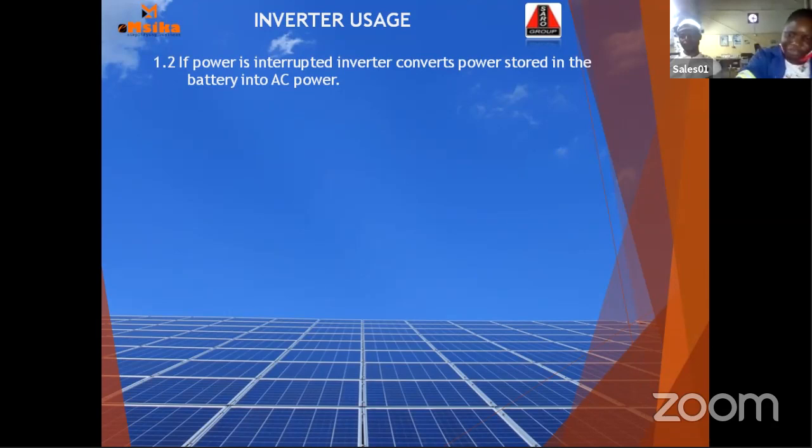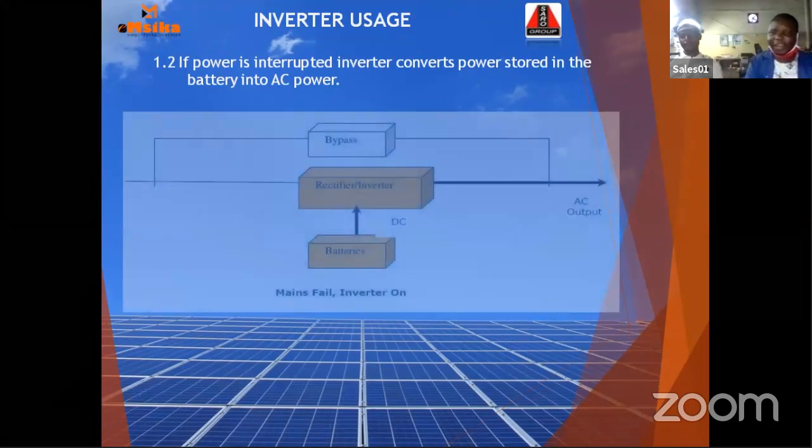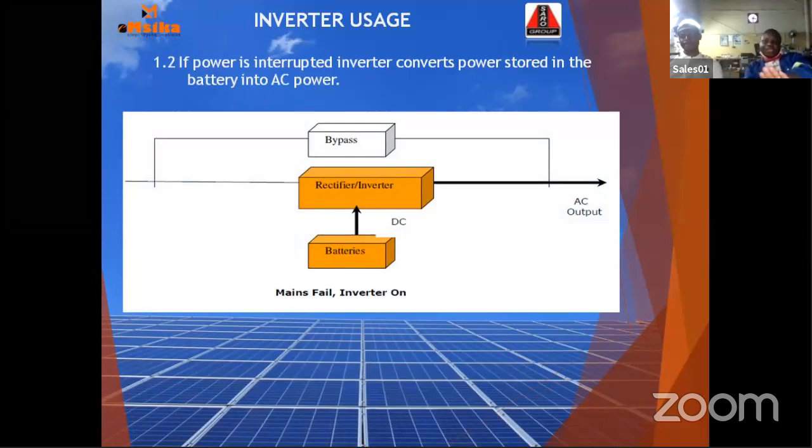We'll explain in more detail when you start looking at the application. This shows you when power fails or when ZESCO is out. Whatever you had stored in the battery goes back to the rectifier circuit of the inverter. Then the inverter converts that DC into AC.